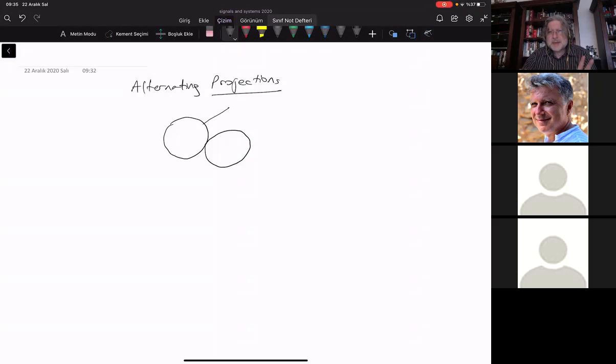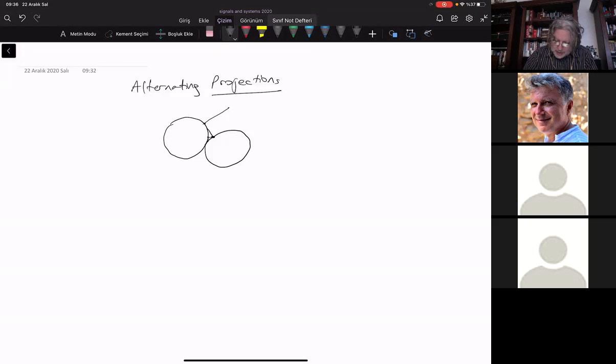So these sets must be convex. Otherwise, you cannot really define a single orthogonal projection. So you arrive at a new point, and then from that point, you make a projection to the other set. And then from that point, you make a projection to the other set, to the boundaries, of course.